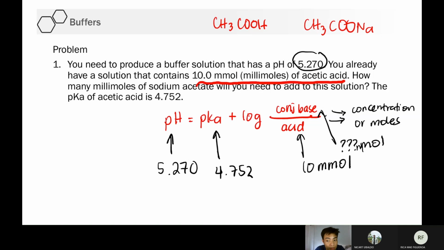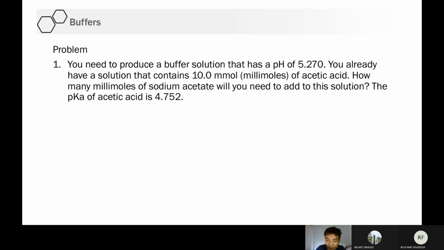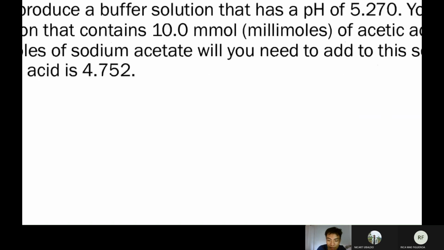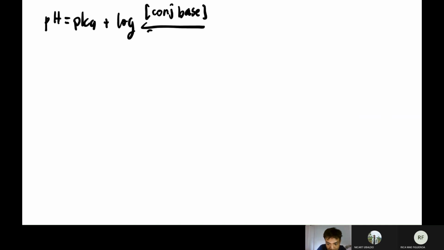So, kailangan gamitin natin dito yung mga ginawa natin sa logarithm kanina. Okay? So, let's solve for that. Clear ko lang ulit yung screen. Zoom tayo dito sa clear part. So, we start with the Henderson-Hasselbalch equation. Okay.